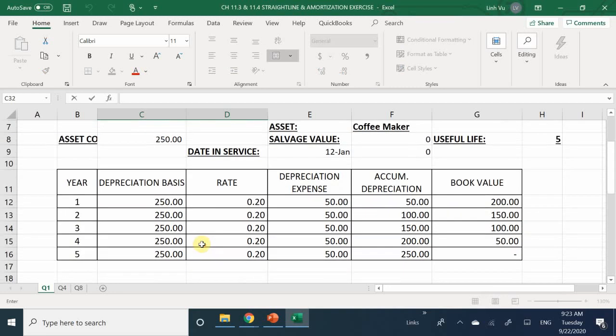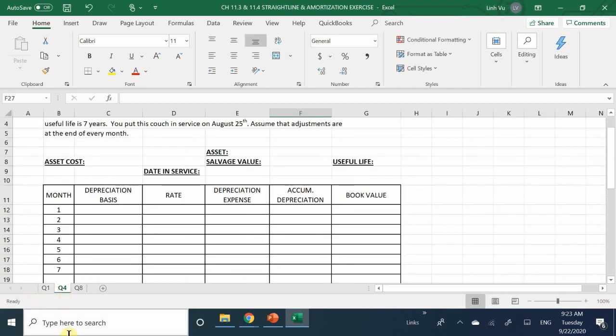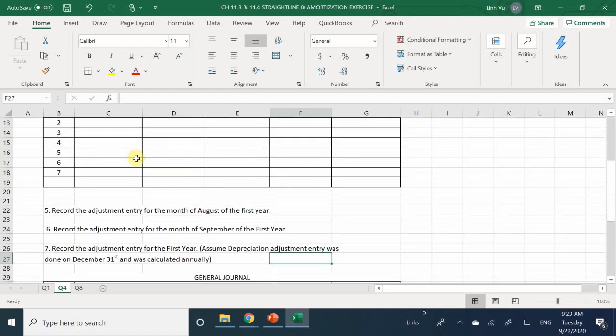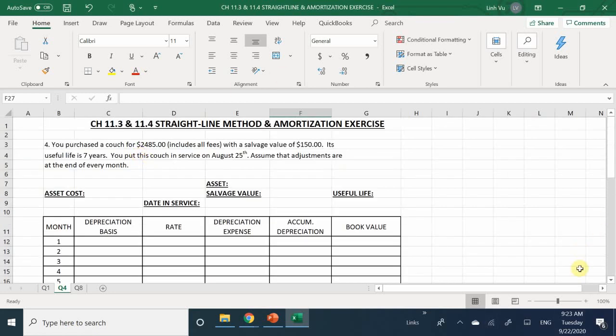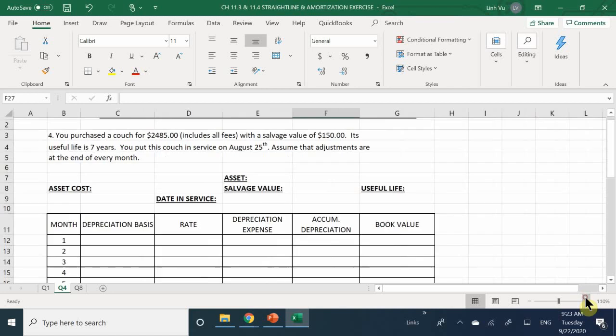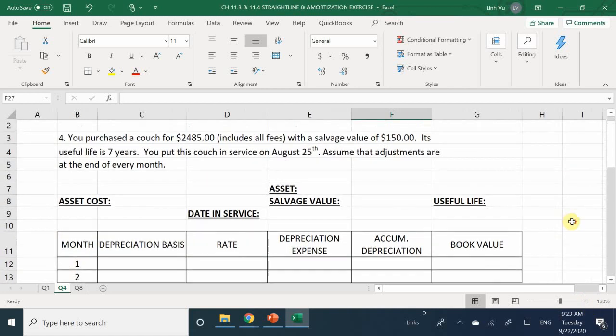Pretty straightforward. Simple. Exactly. So here on this one, we get to look at a different asset, and I'm going to get a little bigger.